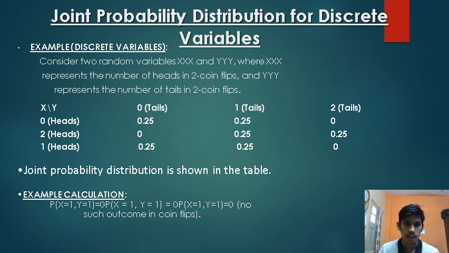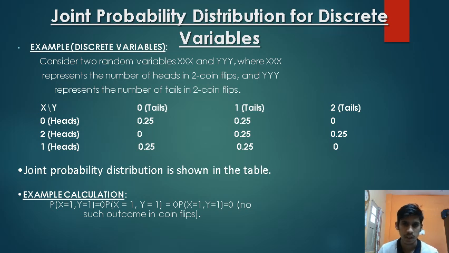X by Y: 0 tails, 1 tail, 2 tails. 0 heads: 0, 0.25, 0.25... 2 heads: 0, 0.25, 0.25... 1 head: 0.25, 0.25, 0. Okay, the joint probability distribution is shown in the table.